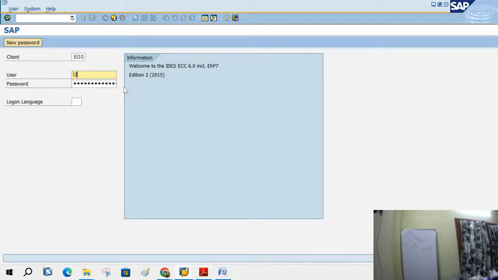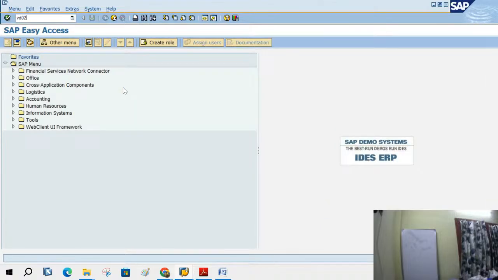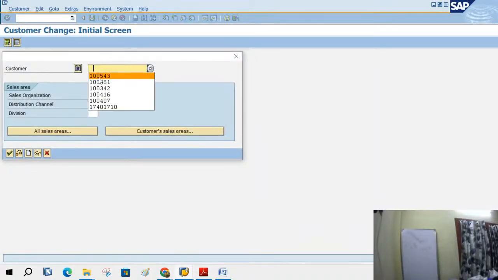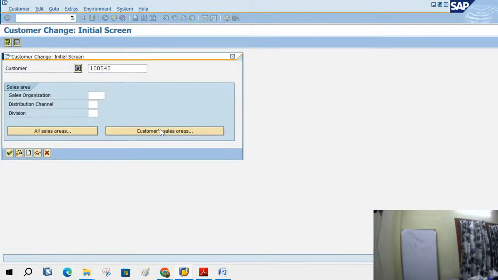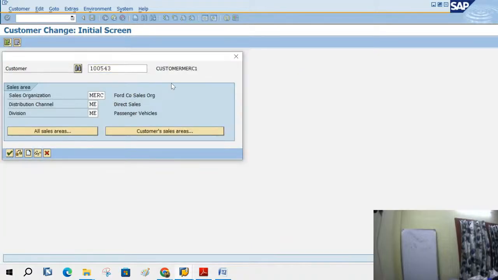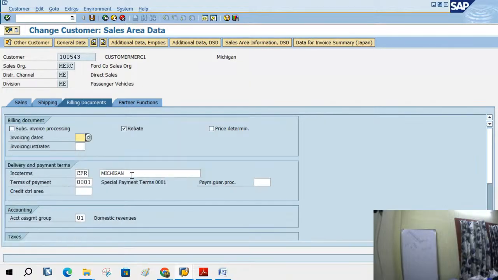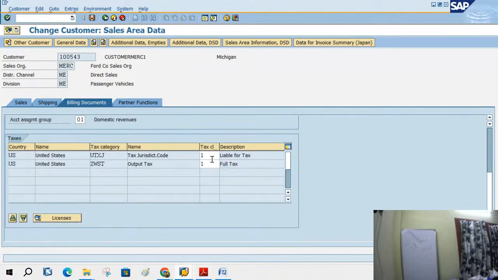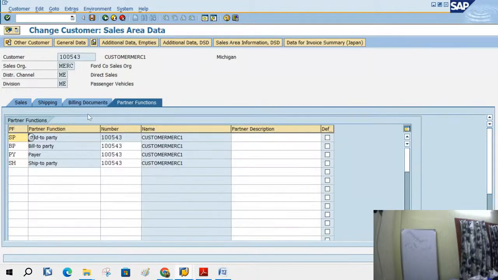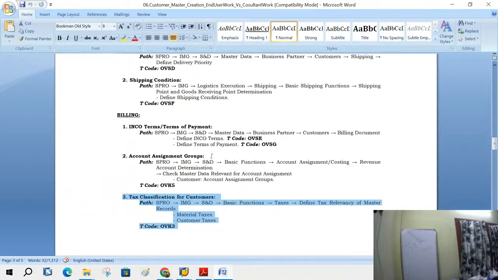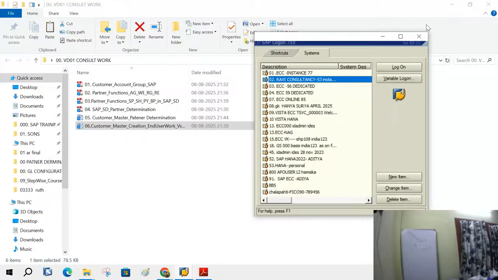So that partner determination is how many steps? 6 steps, which you have to know. The thing I am trying to put across: this is sales area data, billing document, and the last part I have to know is customer tax classification.